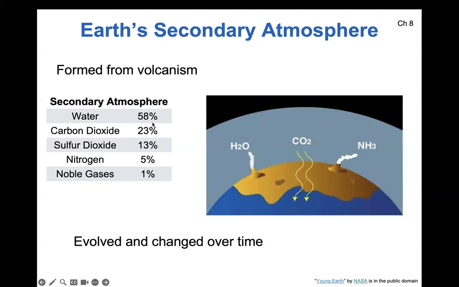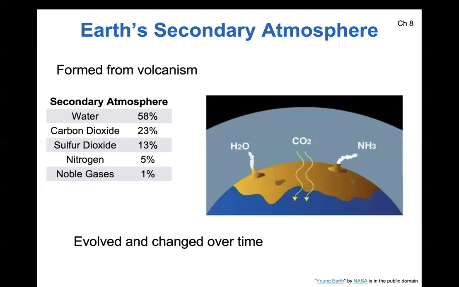That's why so much of the atmosphere was water, because it was a hotter planet, and it was a planet where water was not easily staying in the liquid phase. Instead, it was becoming a gas very readily. All right. And these are just kind of examples. There's phases within phases of the secondary atmosphere, but this is kind of a generalization of the early atmosphere of Earth. Okay. After that shortly lived primary atmosphere.